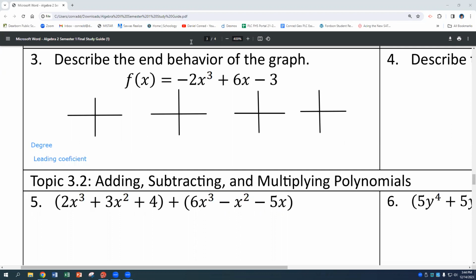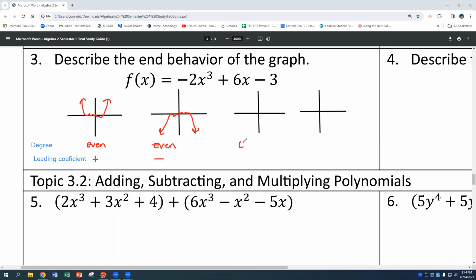Okay, so if our degree is even and our leading coefficient is positive, it's going to look like this. If the degree is even, but the leading coefficient is negative, it's going to look something like this. They're going in the same direction, but it's going to be going down instead of up.